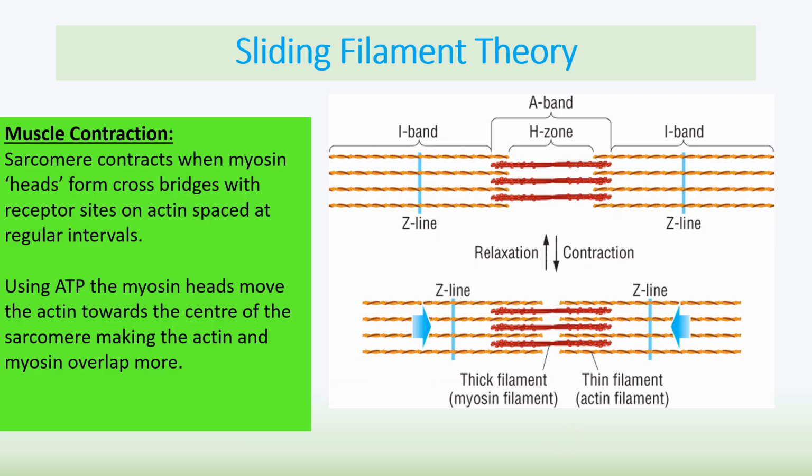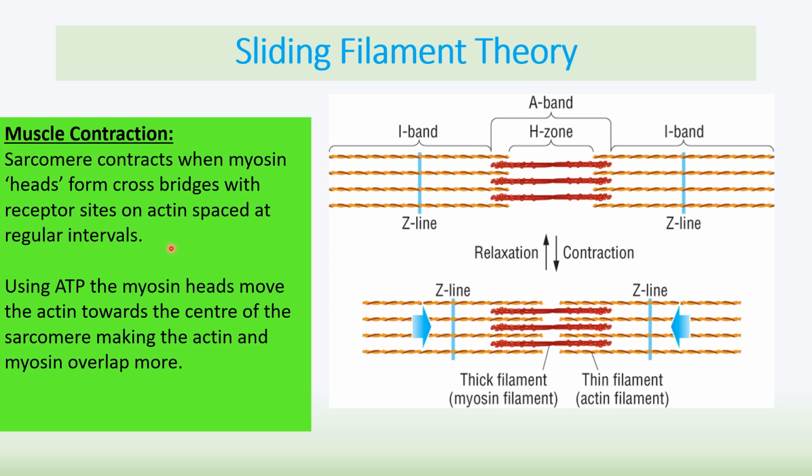So I said to you a moment ago on the last slide, this is all about making this sarcomere decrease in size when we're talking about contractions. So the sarcomere contracts when the myosin heads form cross bridges with regular receptor sites on the actin, and they're spaced out.